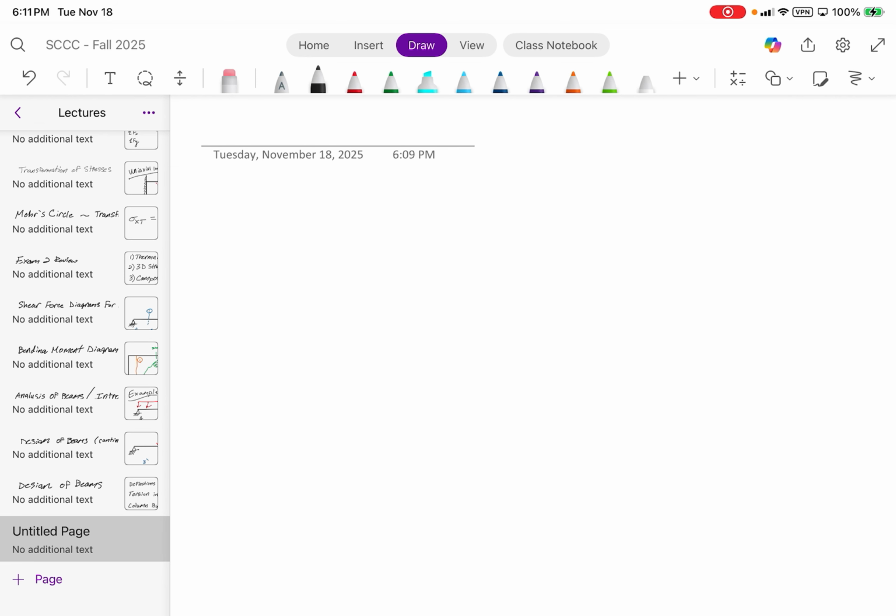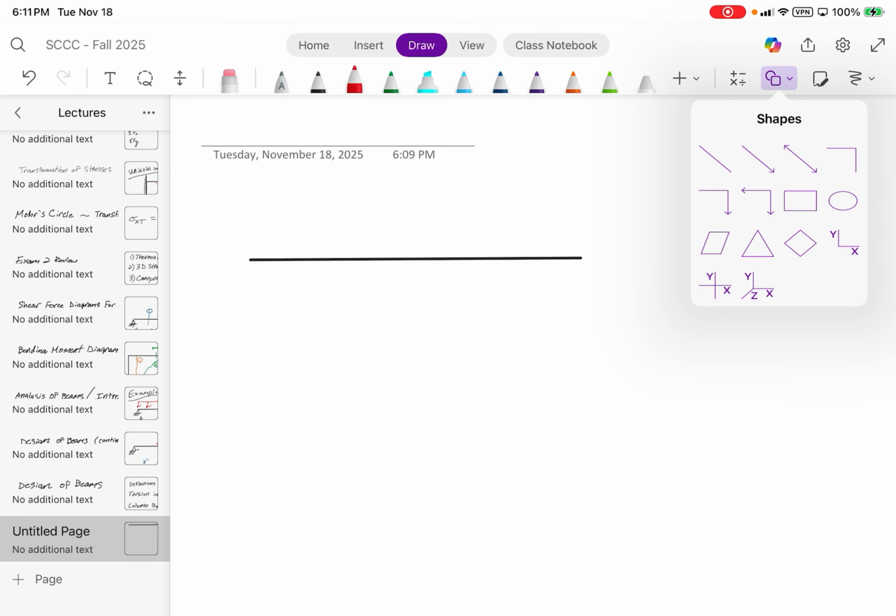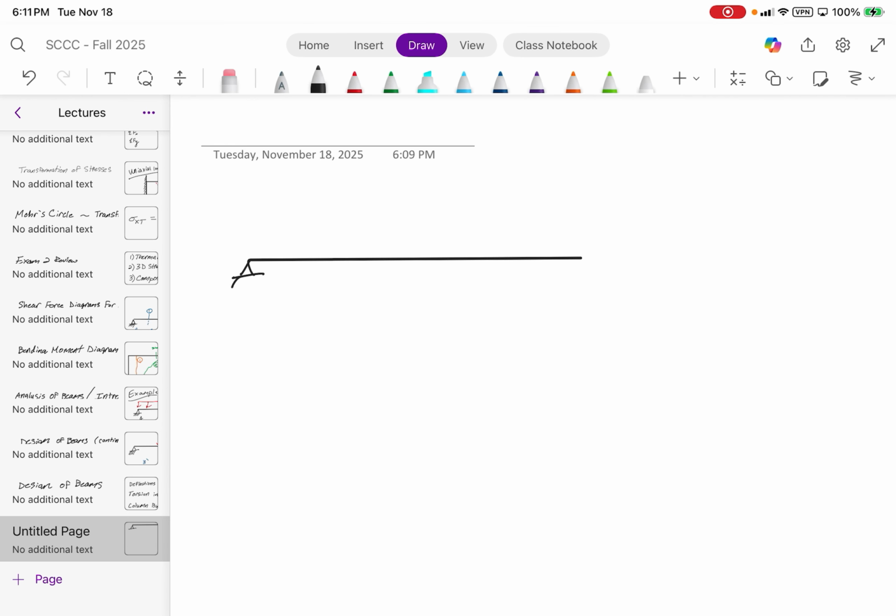All right, shear and moment diagrams. Those are the fun, easy topics. Let's see. A pin and a roller here. 5 kips, and 10 kips.